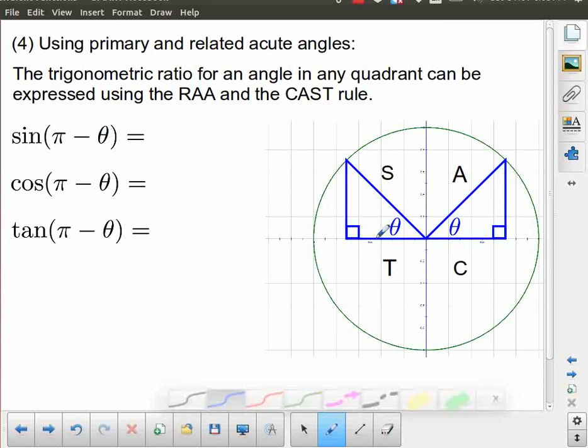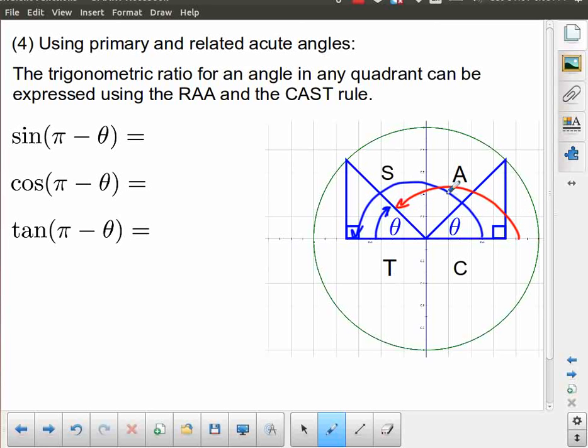Pi minus theta, essentially, if I go over here, that's pi, and then I come back, that's theta. So this value that we're talking about is, in essence, this angle right here. Pi minus theta is this angle right here.